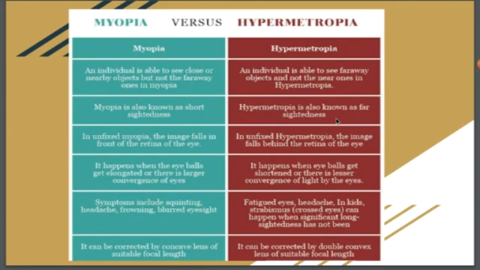It happens when the eyeball gets shortened or there is a lesser convergence of light by the eyes. Symptoms include fatigued eyes and headache. In kids, strabismus, or crossed eyes, can happen when significant long-sightedness has not been corrected. It can be corrected by a double convex lens of suitable focal length.